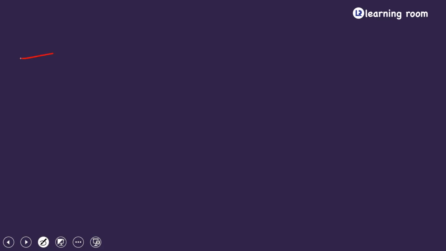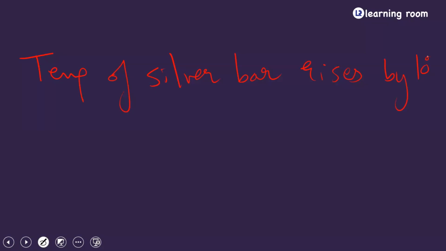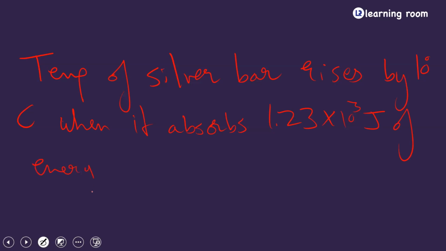The temperature of a silver bar rises by 10 degrees Celsius when it absorbs 1.23 into the power 3 joules of energy by heat.